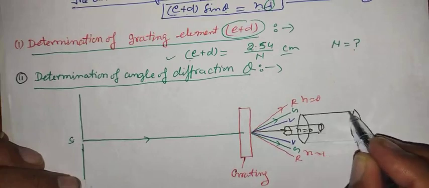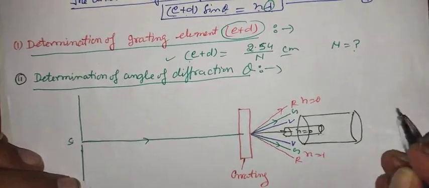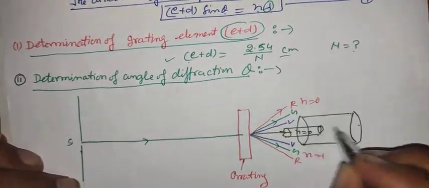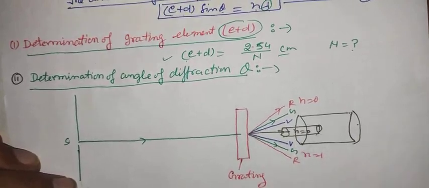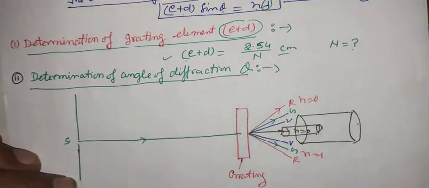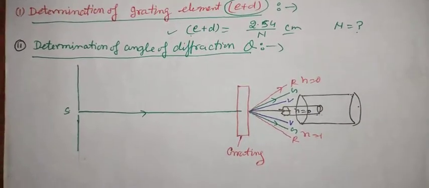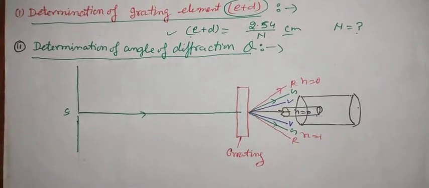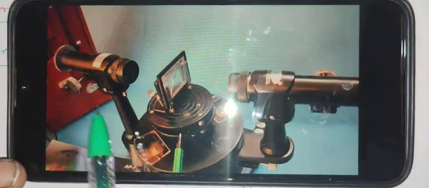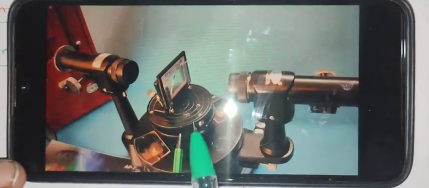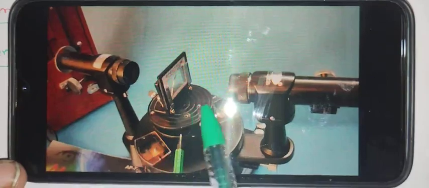The telescope is used for this phenomenon. Before that, let us see the clear figure of the spectrometer. In this spectrometer, this is the grating table.